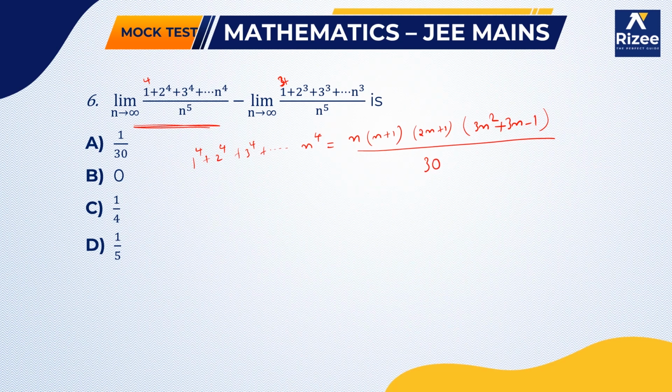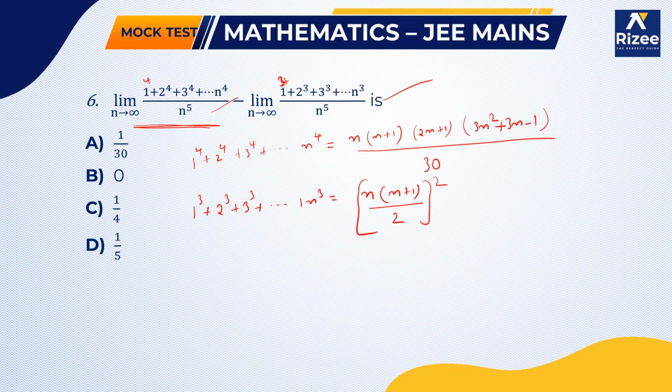And the sum of the first n natural number cubes: 1 cube plus 2 cube plus 3 cube and so on plus n cube equals n into n plus 1 by 2, whole squared. Substitute these values in these equations, we get the answer.